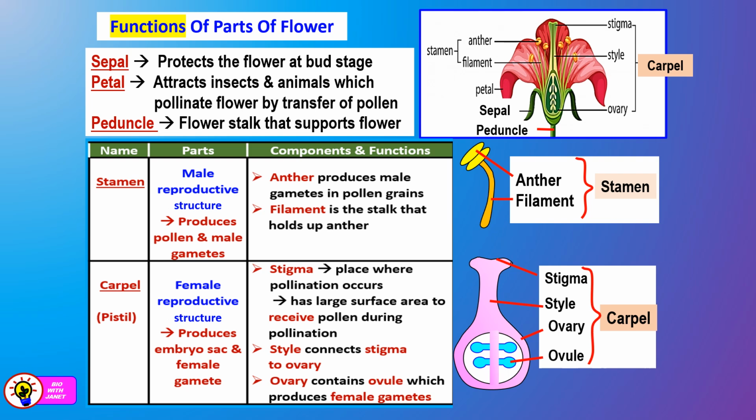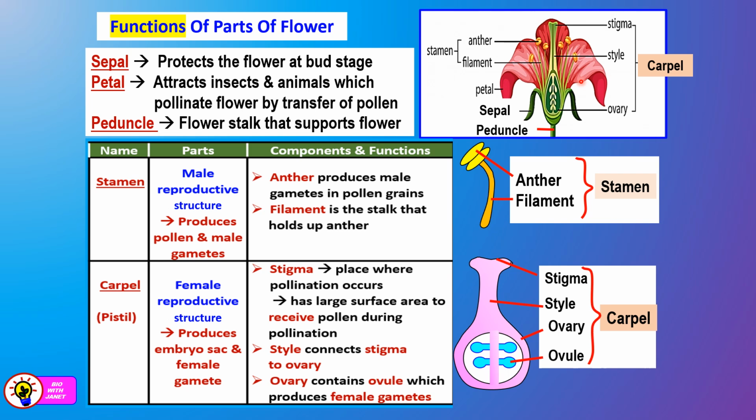Now, the functions of the parts of the flower we've discussed just now, so I'll read through very quickly. The function of the sepal, the green part here, is to protect the flower at the bud stage, when the flower is still young and developing. You enclose and protect the flower that is still forming. The petal attracts insects and animals if it's brightly colored, and if the plant depends on insects for pollination.